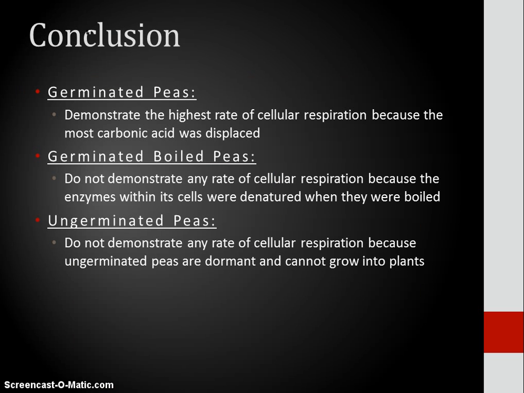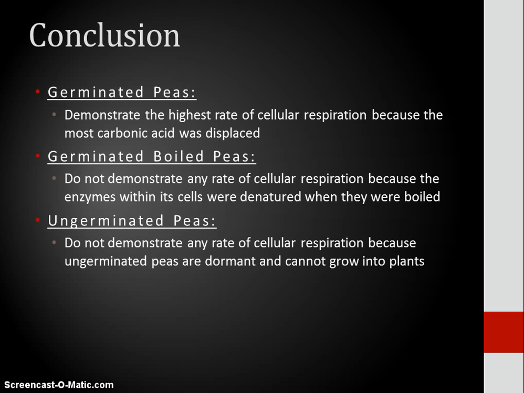Lastly and most importantly, we have come to our conclusion. Our conclusion for germinated peas is that they demonstrate the highest rate of cellular respiration because the most carbonic acid was displaced. For the germinated boiled peas, we have concluded that they do not demonstrate any rate of cellular respiration because the enzymes within their cells were denatured when they were boiled.